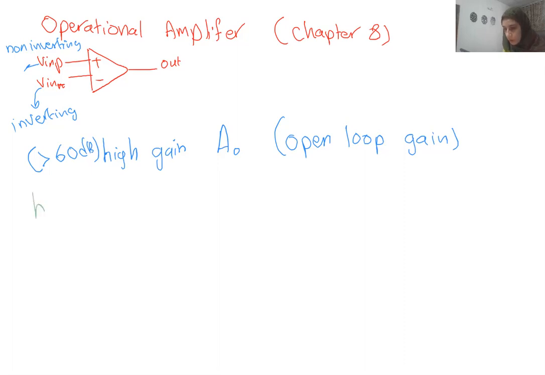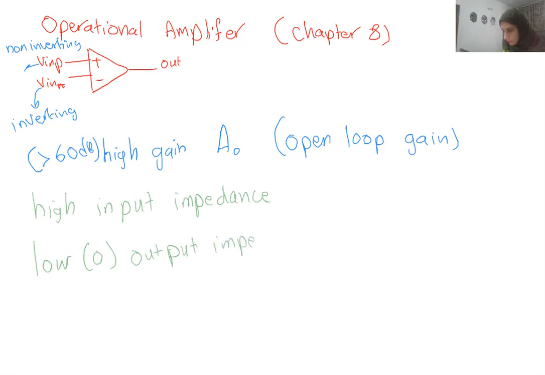It should also have high input impedance, and very low or almost zero output impedance. Why is this? If you think of it, the op-amp is not alone, but is connected to other stages.